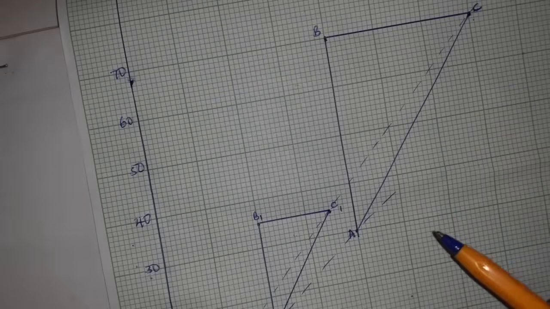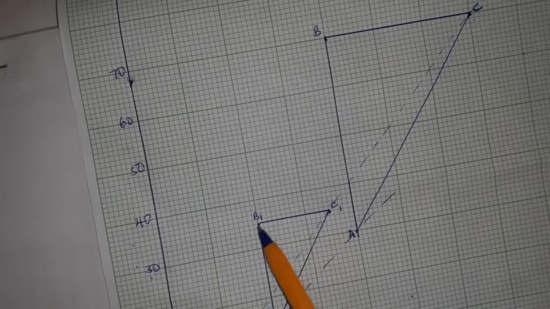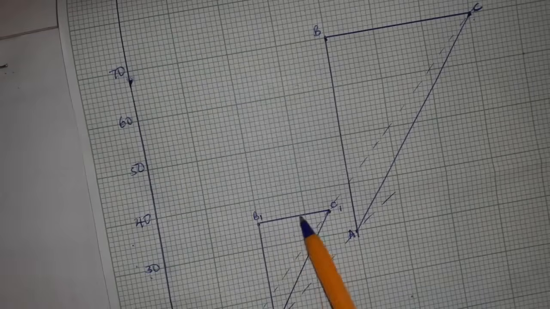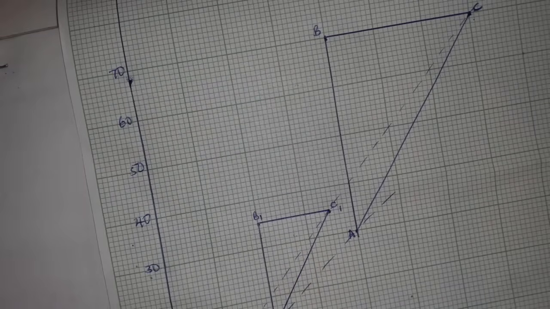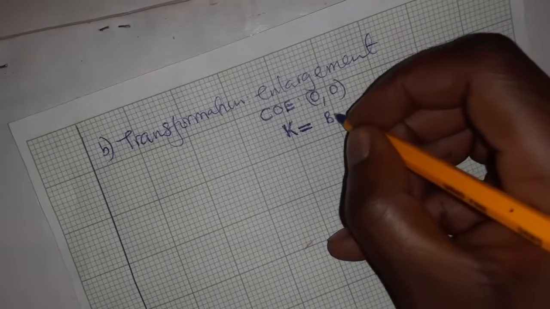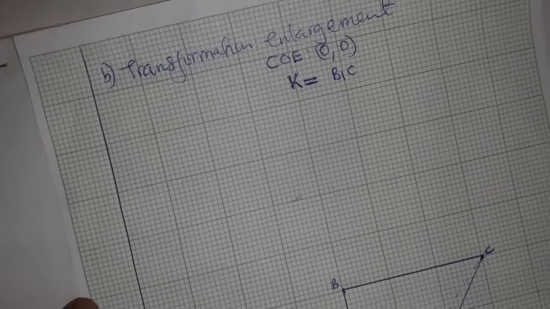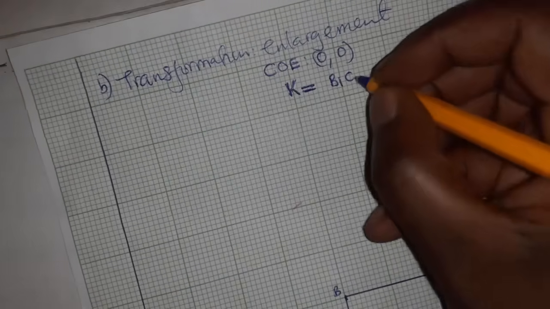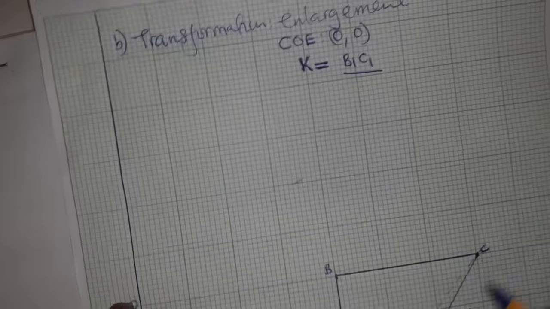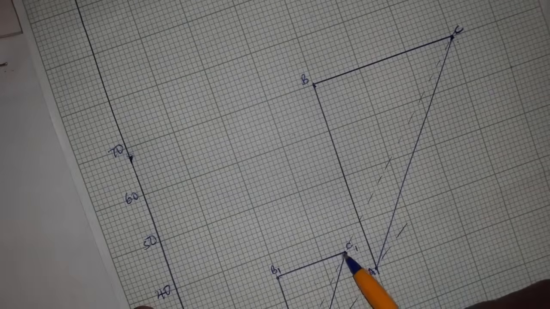In this case, I'm going to pick, for instance, B1C1 over the object, which is BC. So this length from this point to this one, what is it?